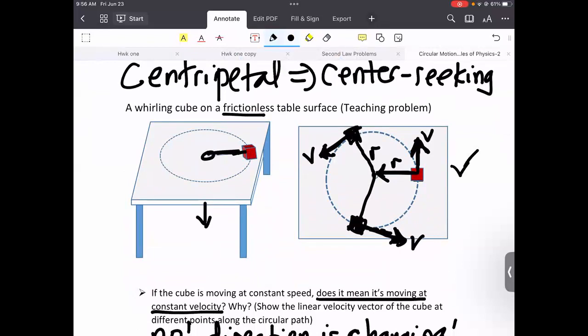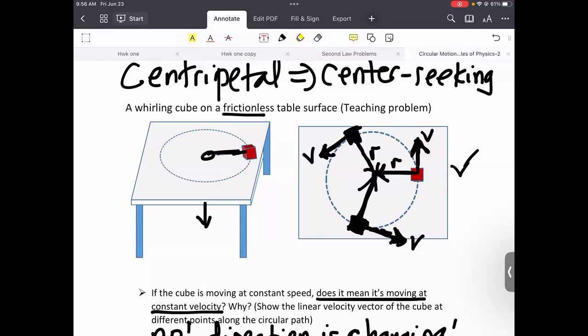If I am right here, the direction of acceleration will be towards the center. If I am on the third position here, direction of acceleration is always towards the center. That's why this kind of acceleration is called the centripetal acceleration.